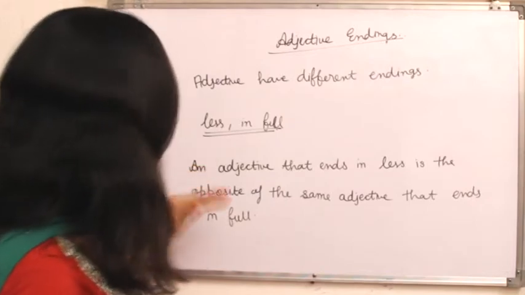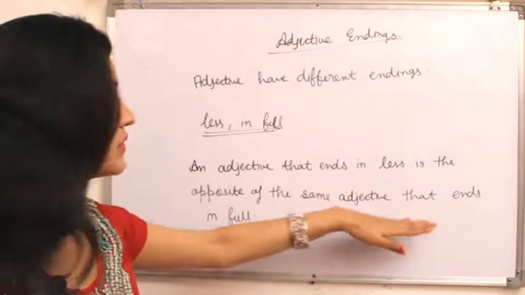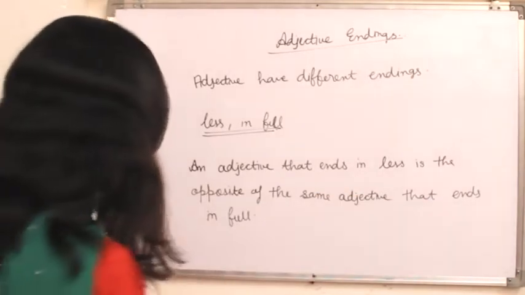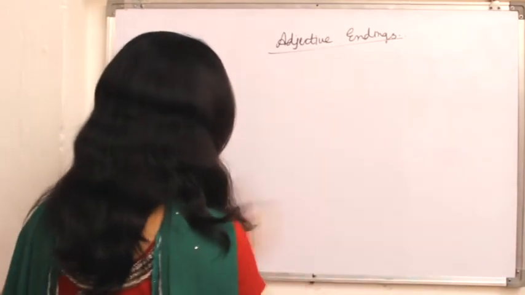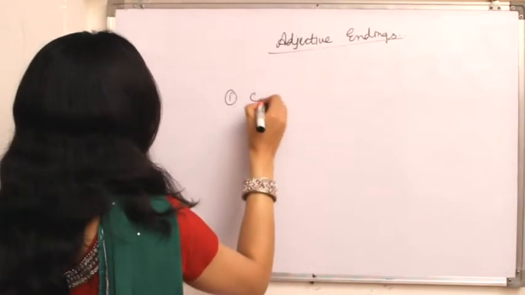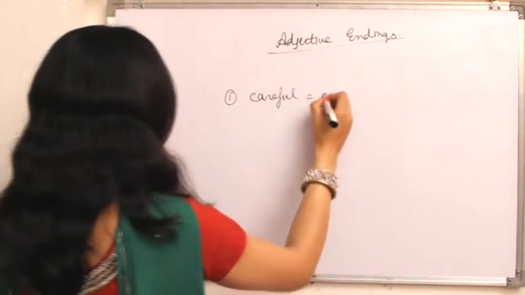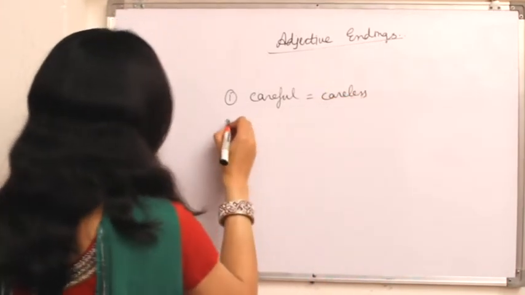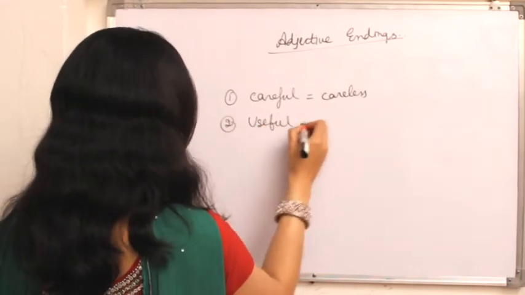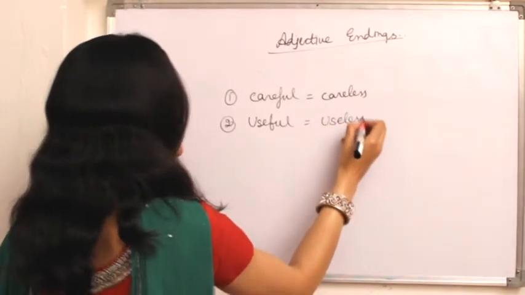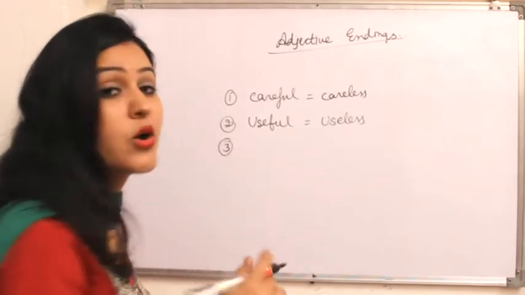So an adjective that ends in less is the opposite of the same adjective that ends in full. So if I write here careful, what is the opposite of careful? It is careless. Okay, so now I write here useful. It stands for useless in the opposite form. So this is about the opposite form.